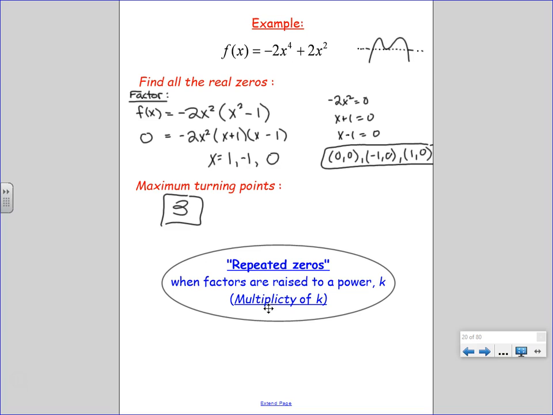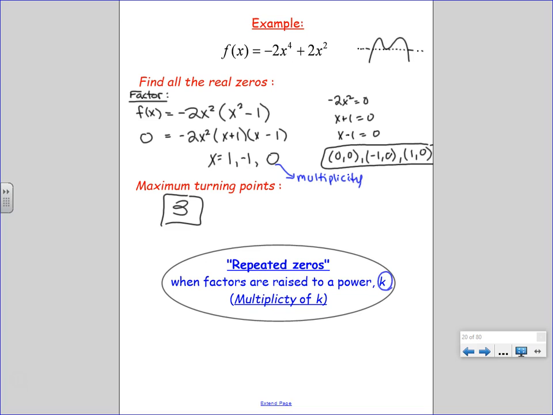There was only one negative one that came out, but how many zeros technically came out? Which is why we say a repeated 0 sometimes occurs when you're factoring, and when a factor is raised to a power like x squared, we can say it has a multiplicity of... you see it?